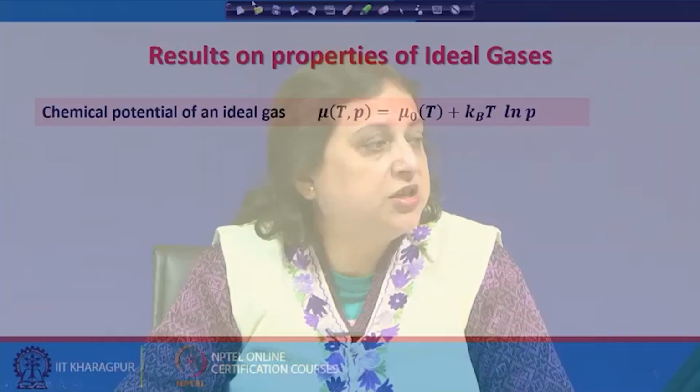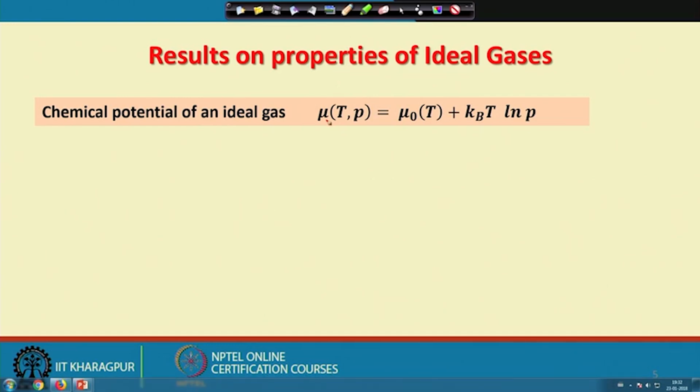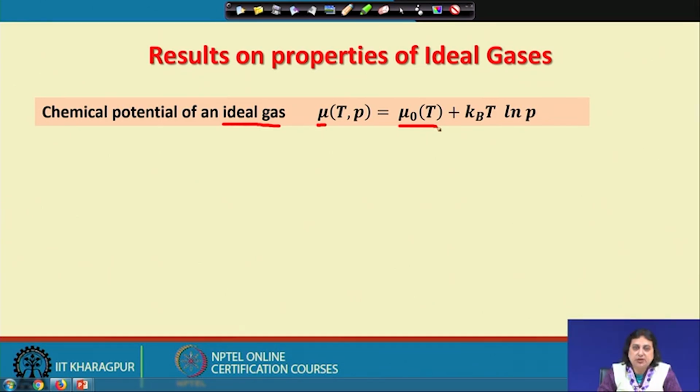So, your preliminary studies on thermodynamics must have included this expression where you see that mu, the chemical potential, is a function of temperature and pressure in general, and in the case of an ideal gas, this can be written as mu naught T, that is the chemical potential of the gas at a temperature T under standard conditions of standard pressure 1 bar, plus an incremental part which is kBT ln P.